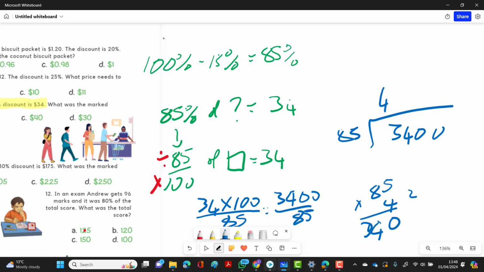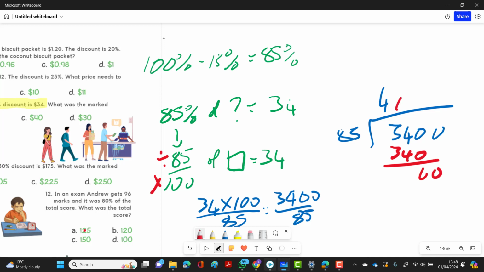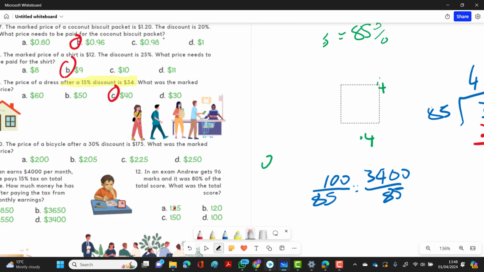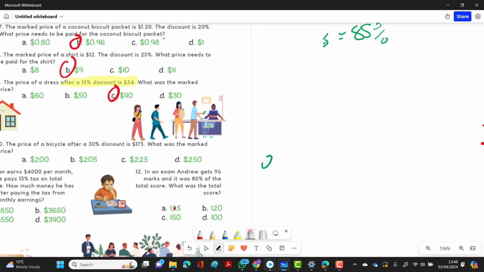So you put 4 there, and 340 there. 0, 0, 0. So 40 equals $40. So put it there. Good. Okay, so watch out for that one. I think there are quite a few questions like that, so we'll get plenty of practice.